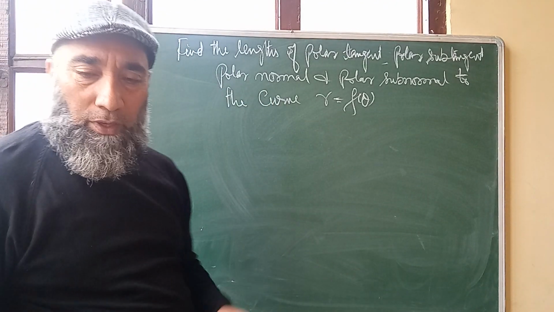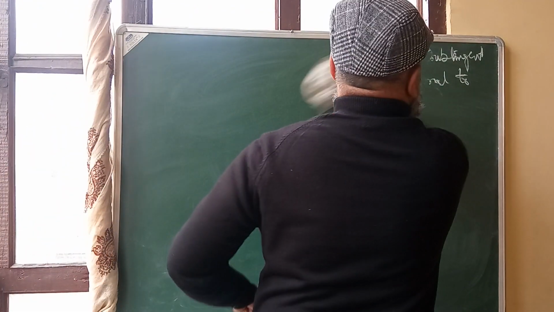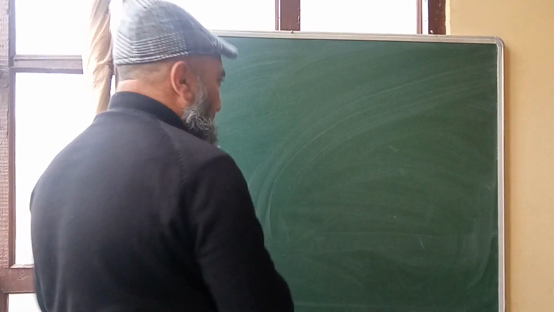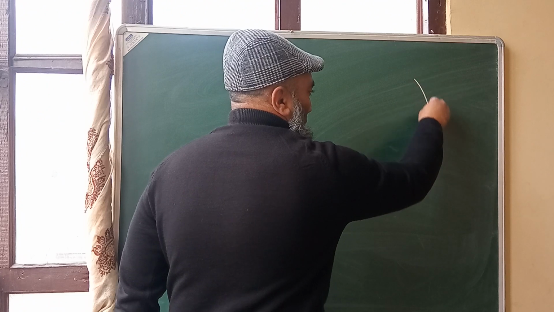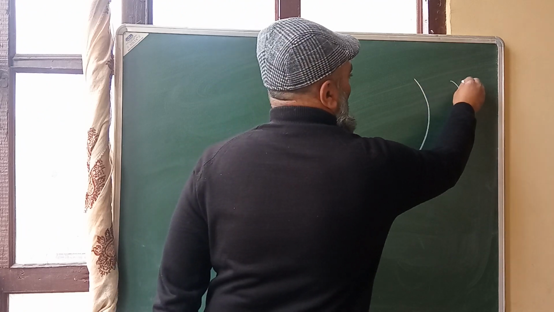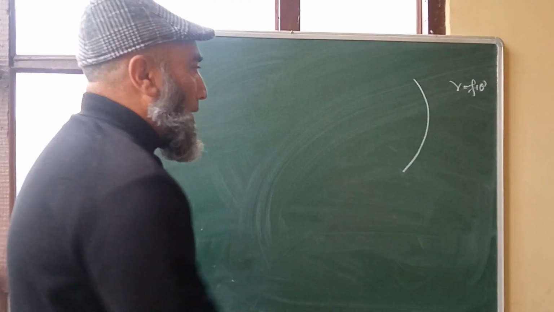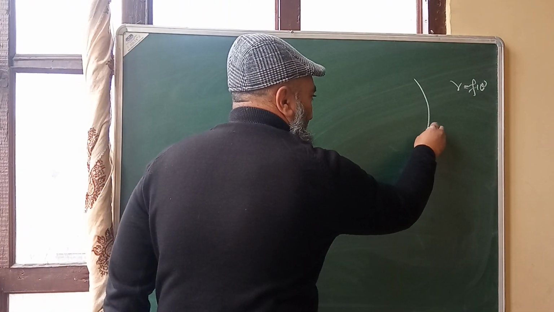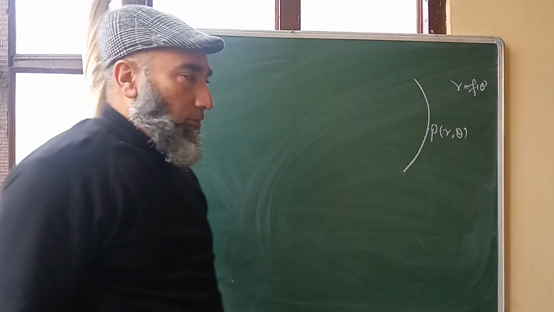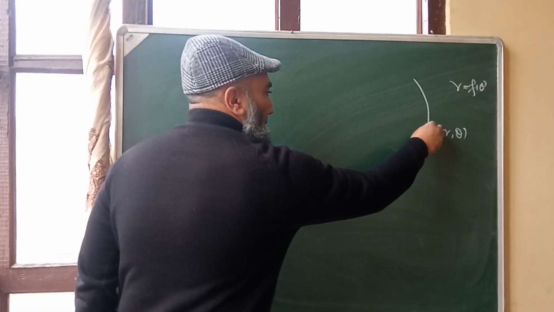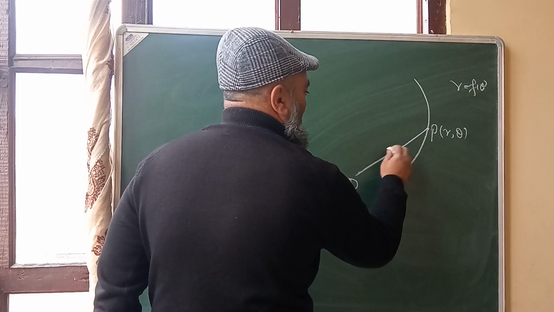Fine? So let me take up this one. Let this be the curve r equal f of theta. Let me suppose that this is the point P (r, theta) on this curve. Let this be the pole. So you know this OP is r.